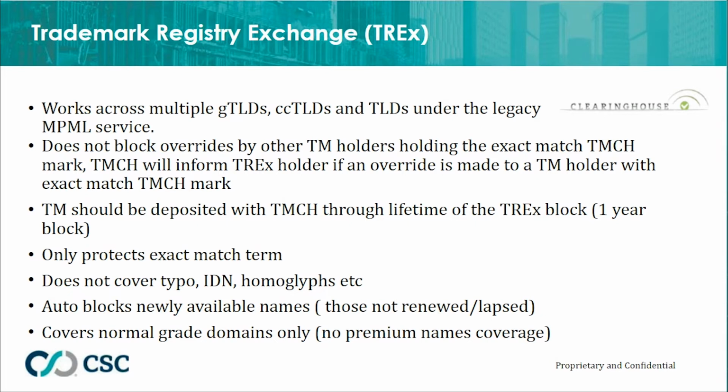So unlike the .club, we're looking here at the exact match coverage. And here also in the same way, the Trademark Clearing House registration would have to remain in place for the duration of the block. The block does not cover any typos, IDNs, or homoglyphs, and would block newly available domain names after they are allowed to expire, but this block would cover only normal grade domain names, meaning it does not cover any of your premium domain registration.